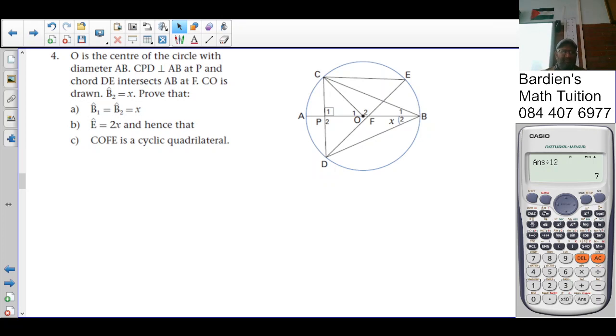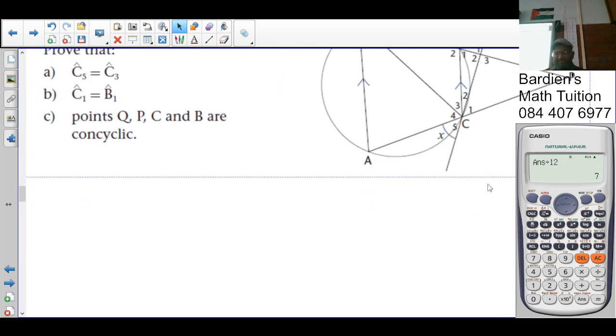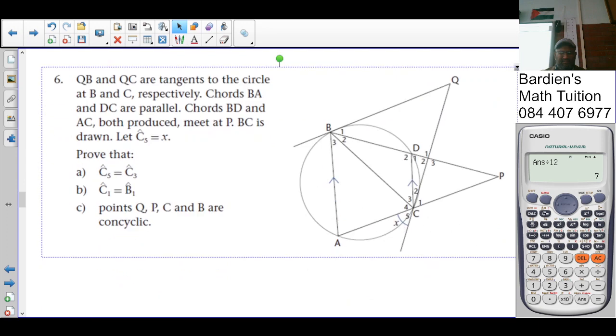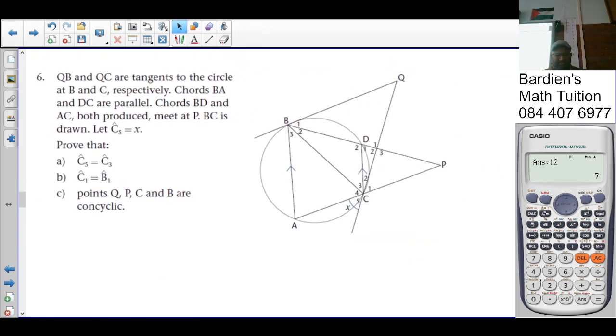Number 5? 6? Okay. Number 8? Yes, yes. So 7 is not 7.